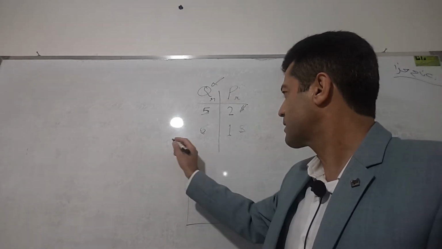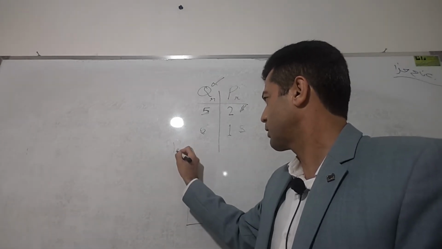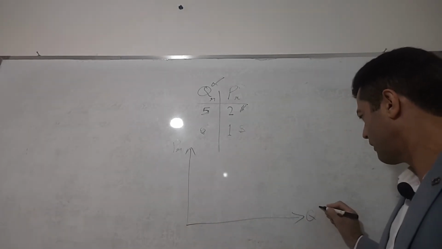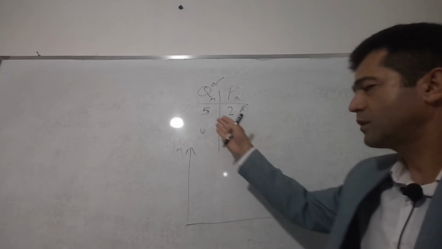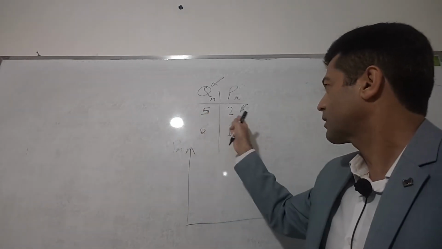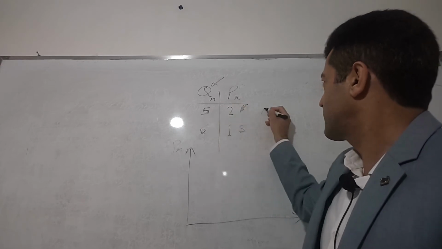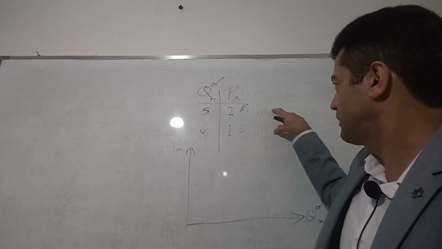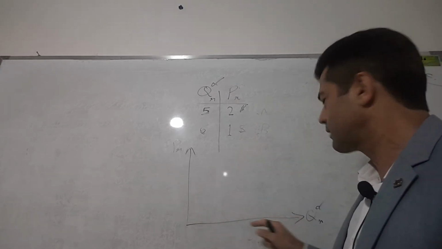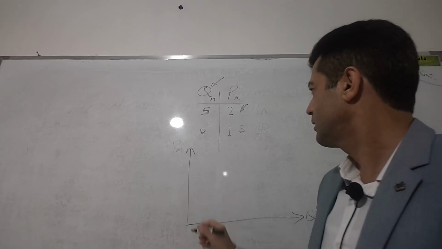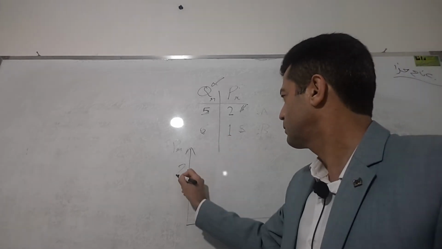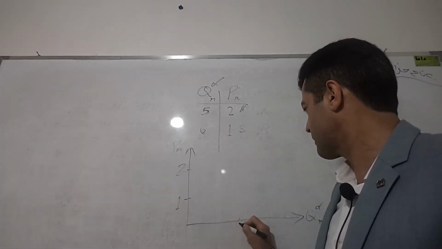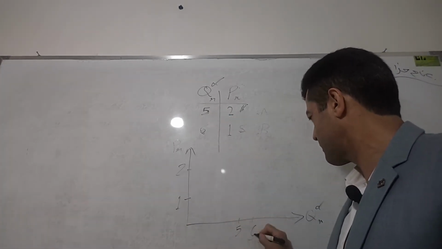On the y-axis, we consider the price of a good, and on the x-axis, the quantity demanded for x. Now we find point A and point B. We find these two points on this coordinate system. Prices 2 and 1, quantities 5 and 6. For example, here 5 and here 6.